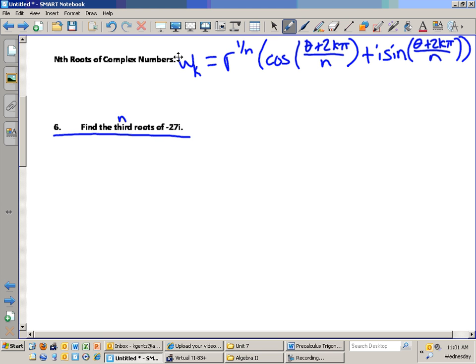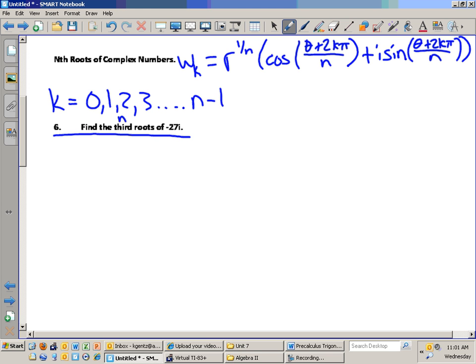Here's the piece that we need to understand: you guys know where we get n, right? But you don't know where we get k yet. We haven't defined k. k is equal to 0, 1, 2, up to n minus 1.